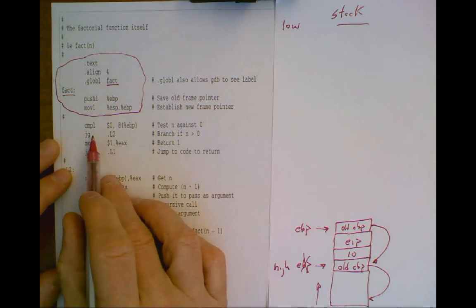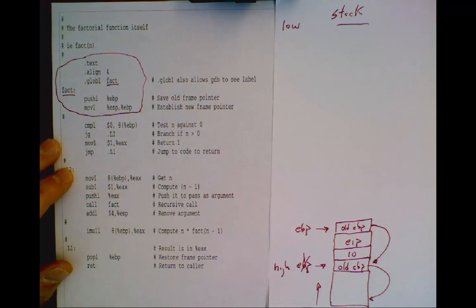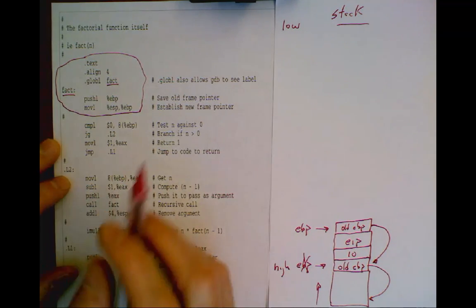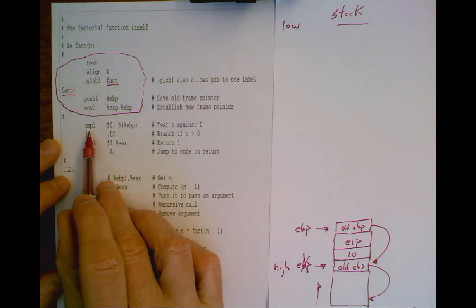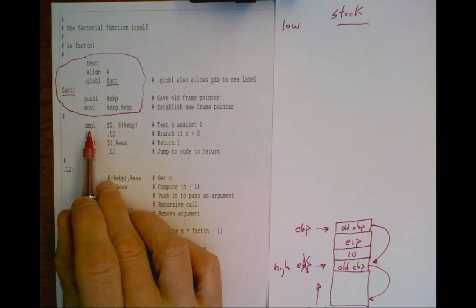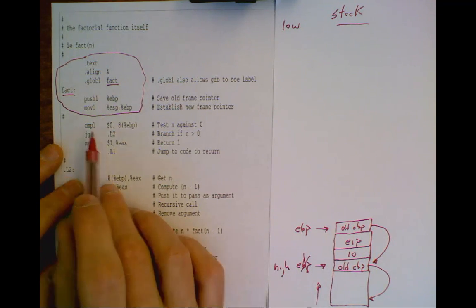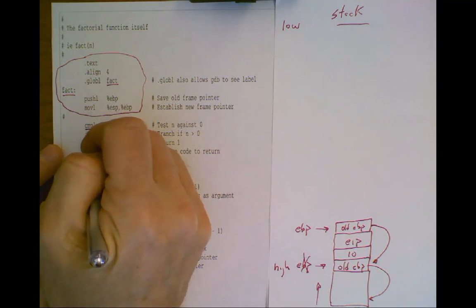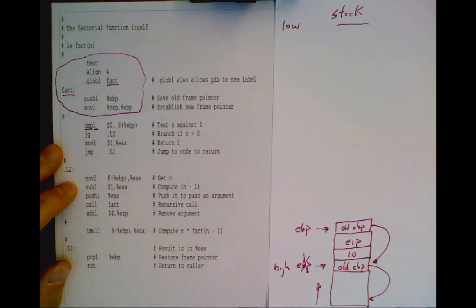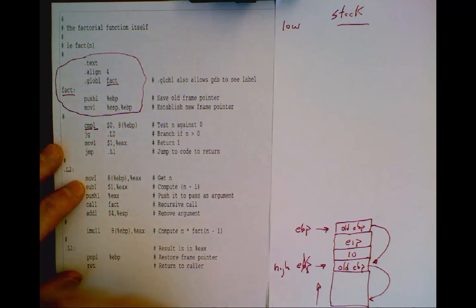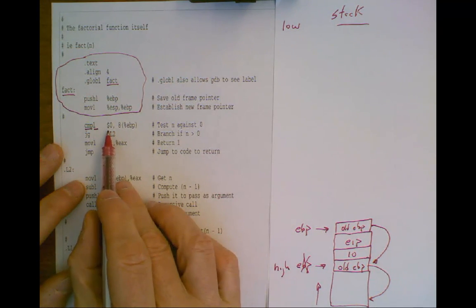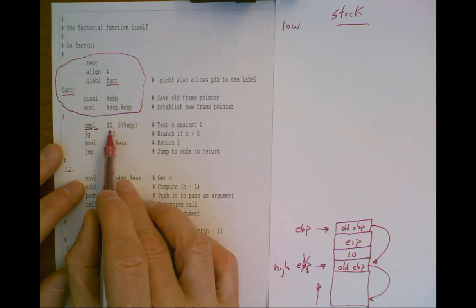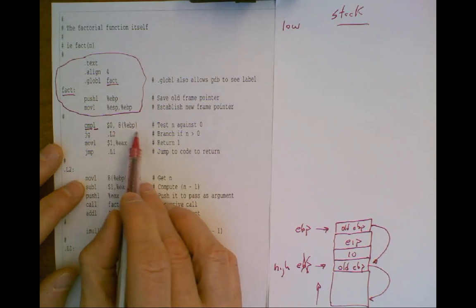Okay, so that's boilerplate code like all good Intel functions do. Now we come into the body of the factorial function. It checks for the base case of the recursion. This is a recursive implementation of factorial. So it's a compare long. Again, you sort of break these into two parts, right? You get compare of long, comparing a 32-bit quantity. What am I comparing? I'm comparing the constant 0. The dollar sign again indicates an immediate mode constant. Right, the value 0 to 8 off the frame pointer.